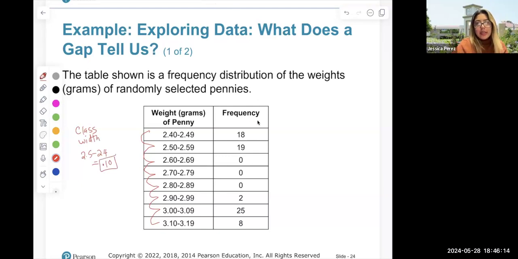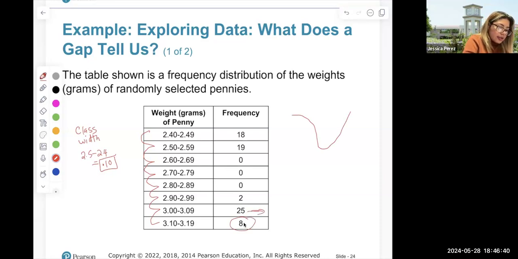This is the frequency. What do we notice? We start high and then go low, low, and then high again, okay? So we start at a peak, then we go down, and then we go up again. But notice that these are not symmetric.